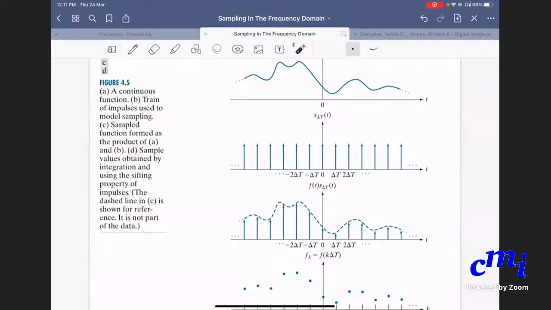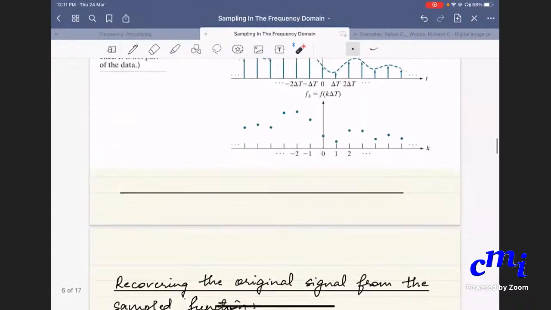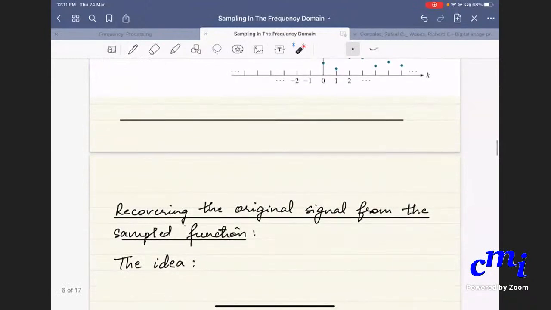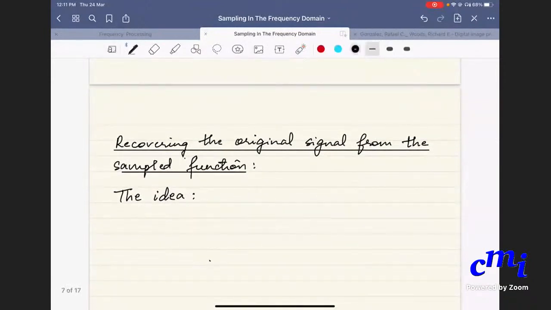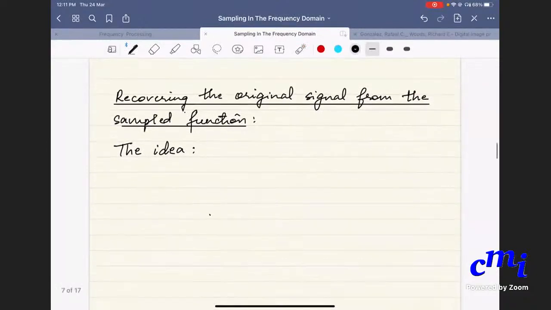All right, so I hope the idea of sampling is quite clear. There isn't anything fancy about it. So now, the idea in recovering the original signal from the sampled function is as follows. Suppose you have f of t, your continuous function.